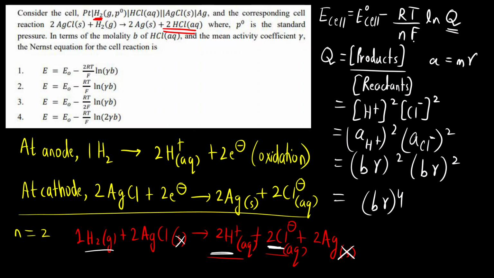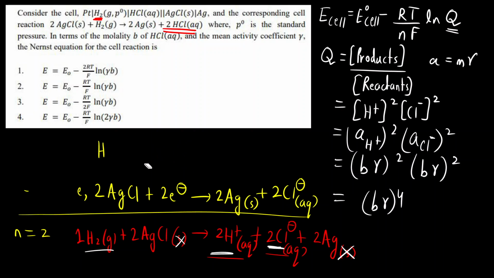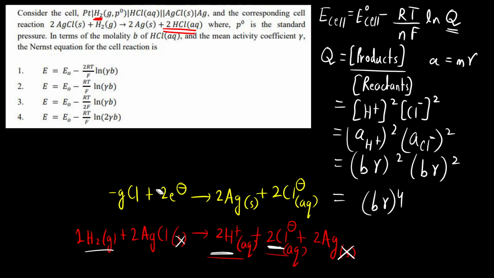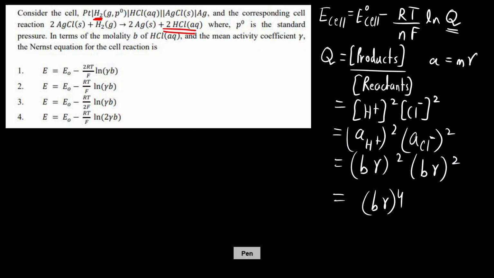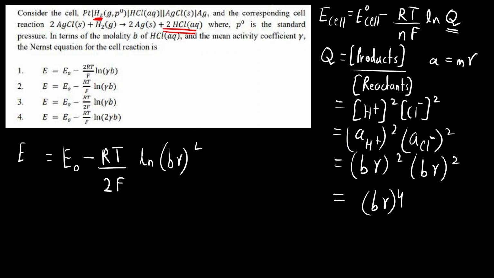Now we can substitute in this formula. I can erase this. So now we can substitute: E cell, that is cell potential, is equal to E0 cell, they have written as E0 minus RT by nF, n is 2, ln b gamma raised to 4.